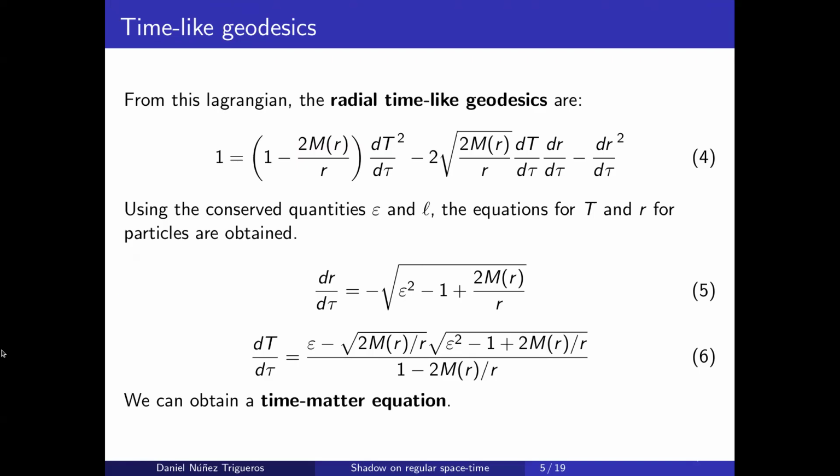And using the conserved quantities, that is the energy and the angular momentum, we can also write the explicit equations for the radial coordinate and the time coordinate, that is 5 and 6. And it's important to see that if we divide 5 by 6, we obtain an equation that only depends on the radius and on the energy of the particle with mass. I'm going to call it the timelike equation. So that is important. Remember it.